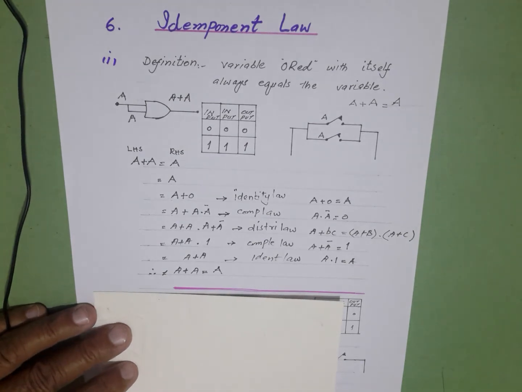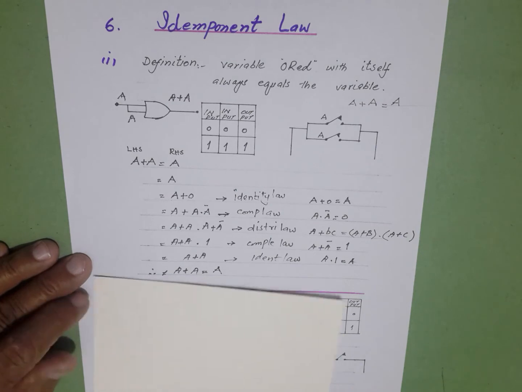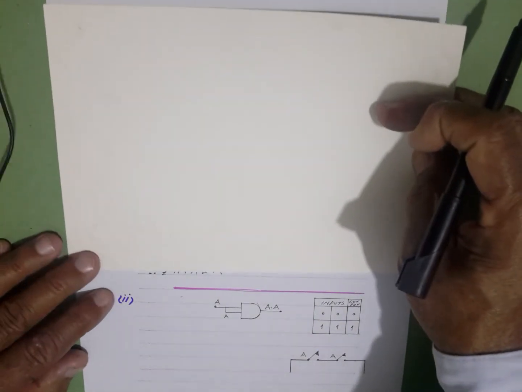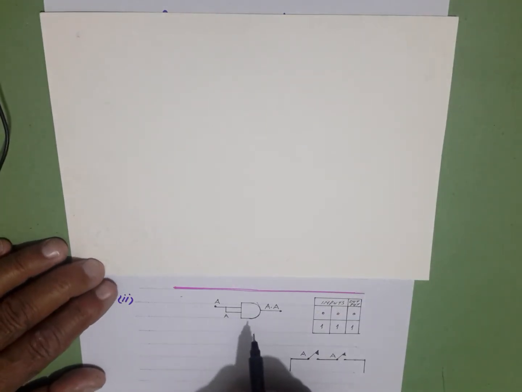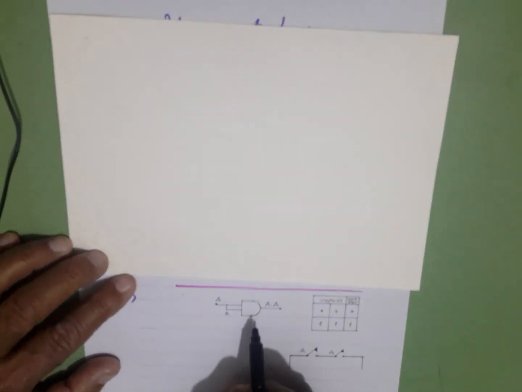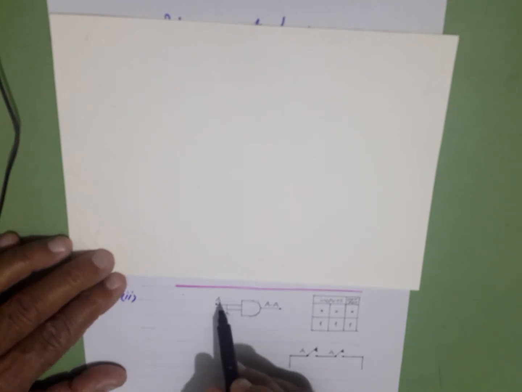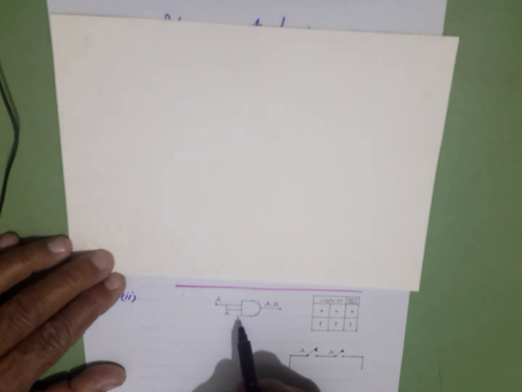Going to the second part, which says when a variable is ANDed with itself, the result is A. This is an AND gate, A applied on the second terminal also.